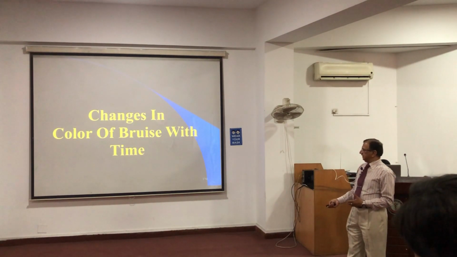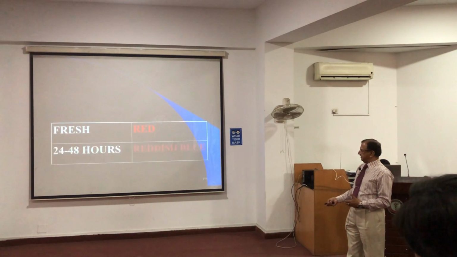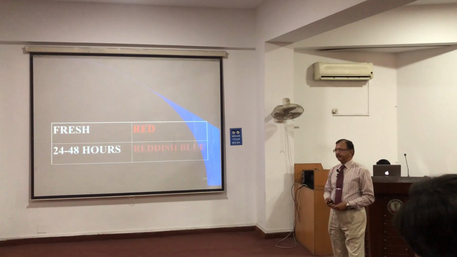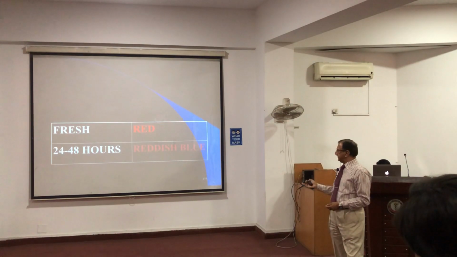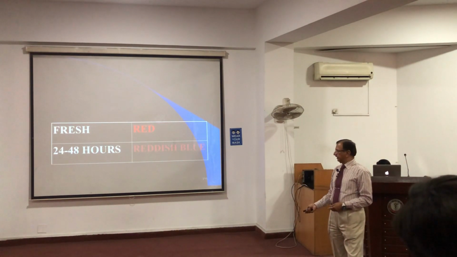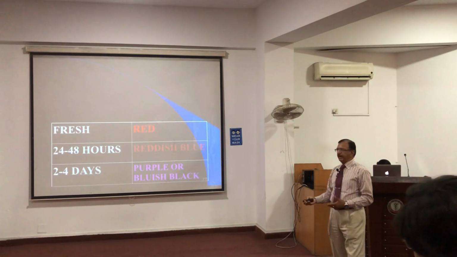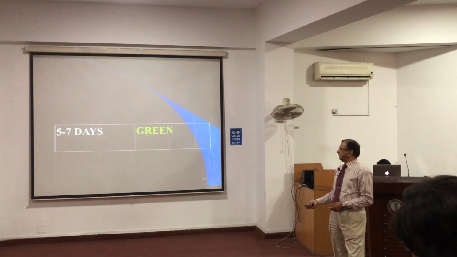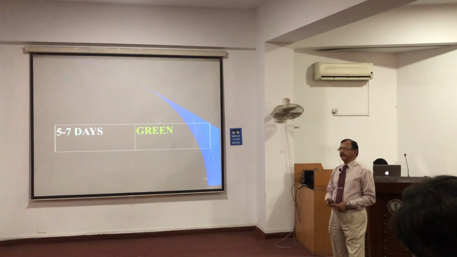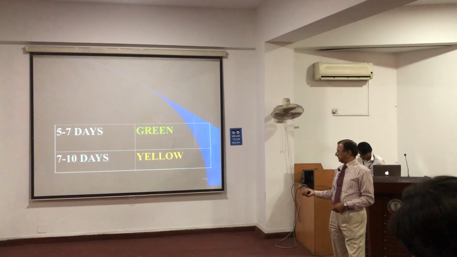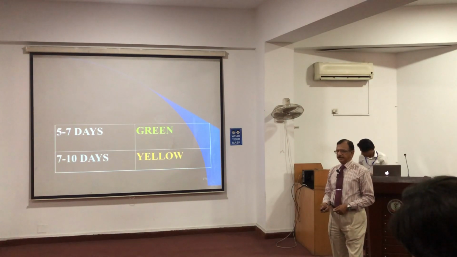So the change in the color because of time: fresh, it is red, and in about 1 to 2 days it is a reddish blue, and then in 2 to 4 days purple or bluish black, and then 5 to 7 days it turns green, and in 7 to 10 days it is yellow.